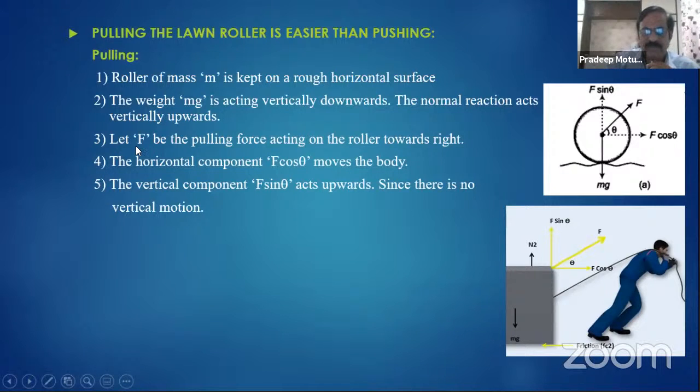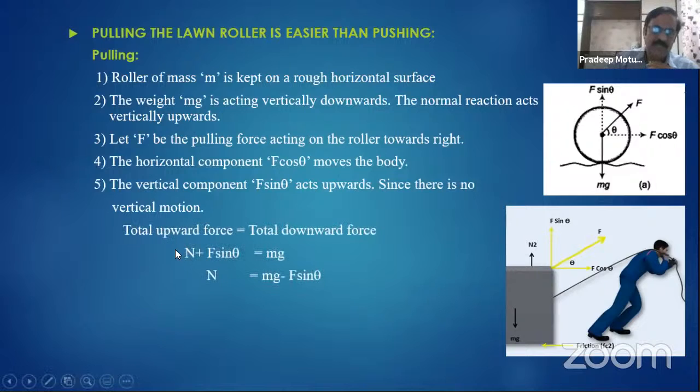The force is resolved into two components: the horizontal component F cos theta moves the body, and the vertical component F sin theta acts upwards. That means there is no vertical motion.